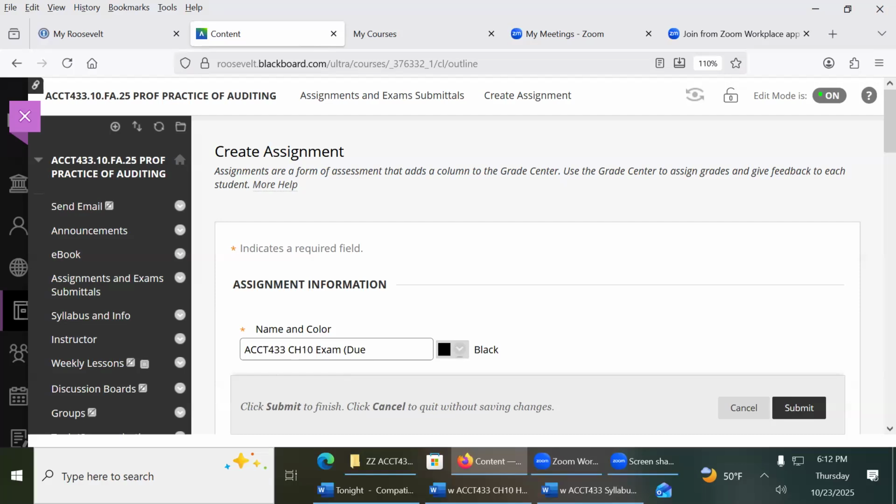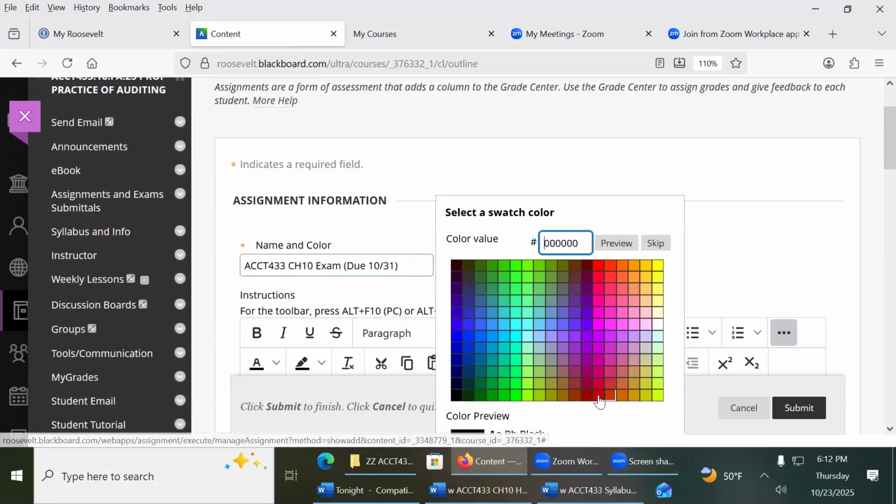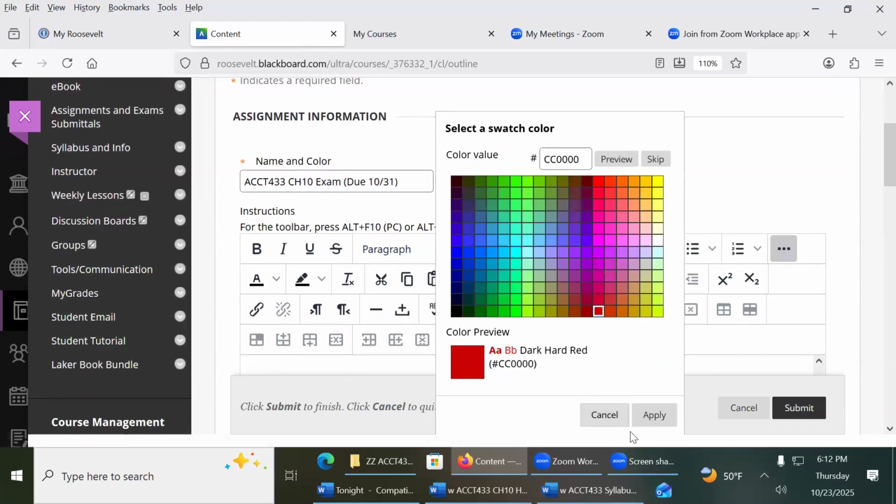I'm not sure if we'll get it. Hopefully we'll get it done tonight. I'm going to put it in. I'm going to be ambitious and see if we can get it done tonight. Now let's make those red so that people know it's highly dangerous.